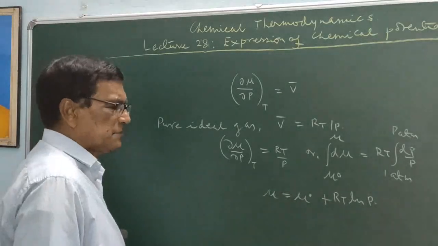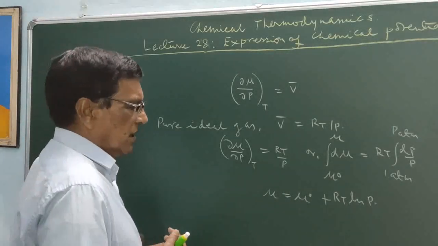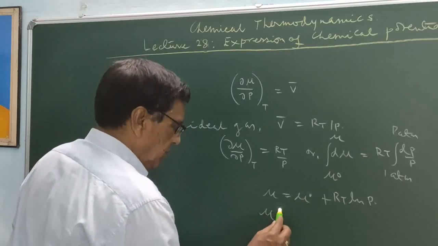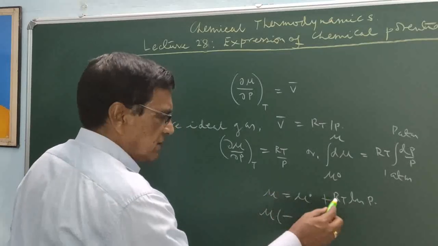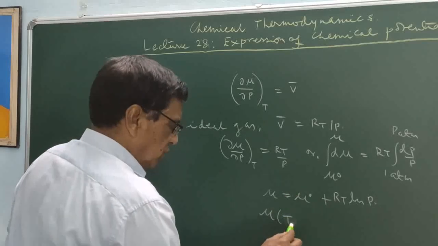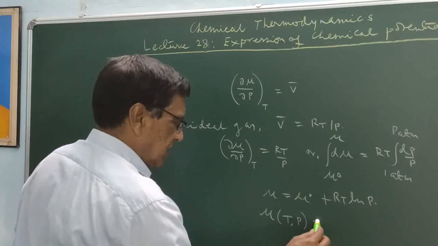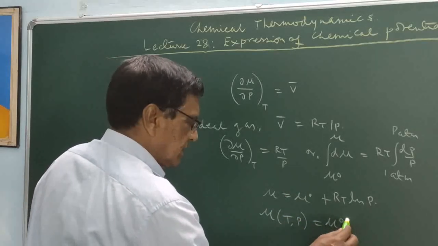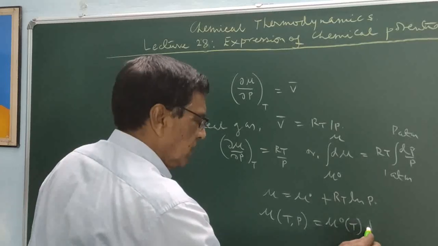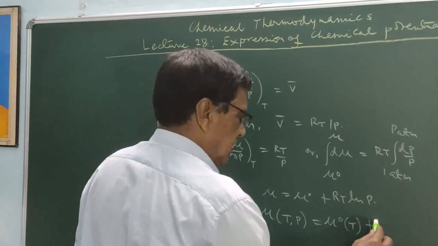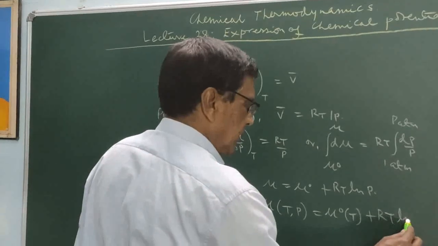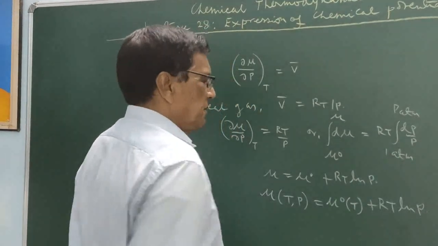If we write it explicitly, mu is a function of temperature and pressure, so it could be written as mu(T, P) equals mu naught, a function of temperature only, plus RT ln P, where P is the pressure.